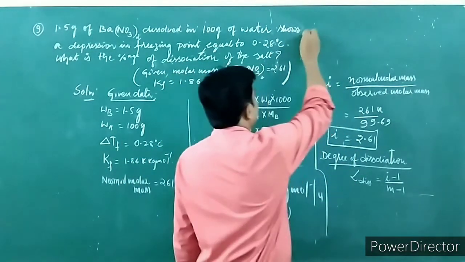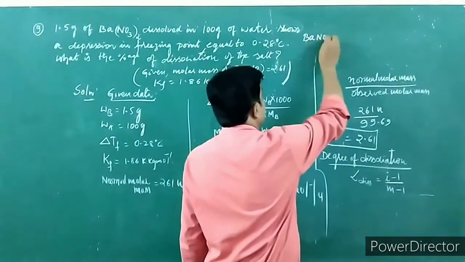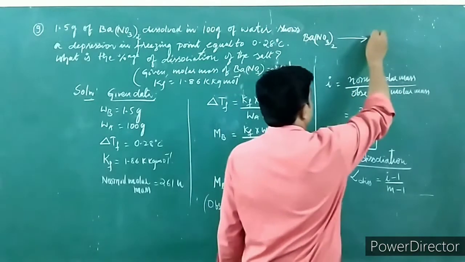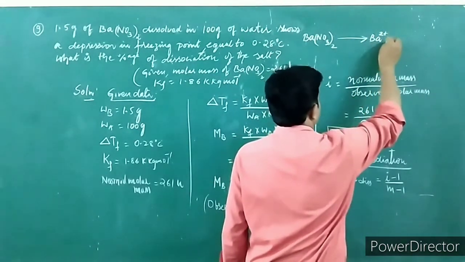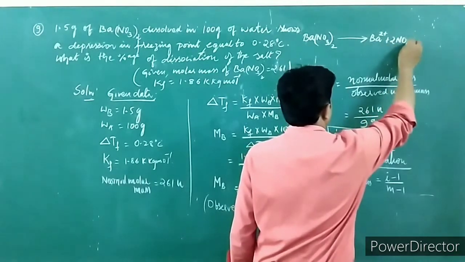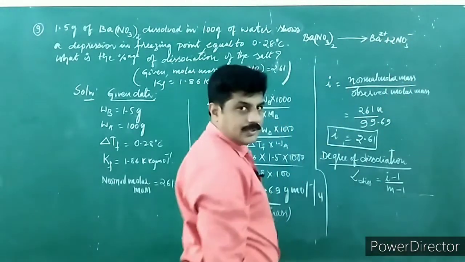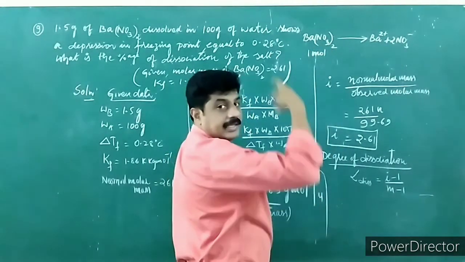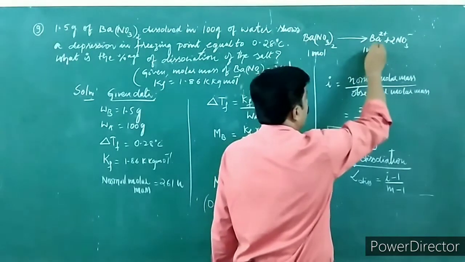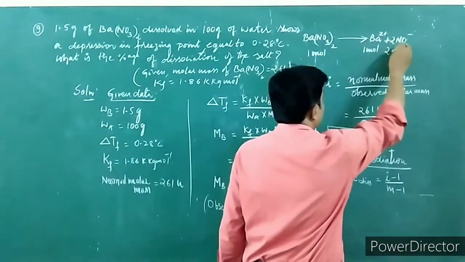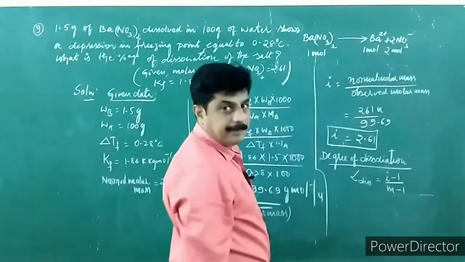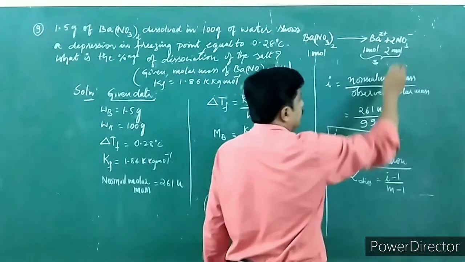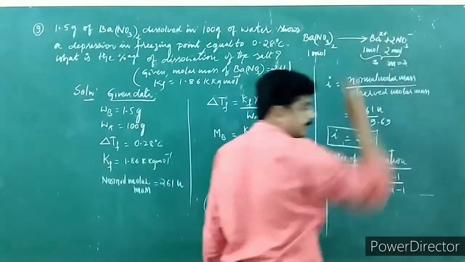Now look here, Ba(NO3)2, barium nitrate. It is added in water, it dissociates to form Ba2+ and 2NO3- ions. If you take 1 mole of barium nitrate, it dissociates to form 1 mole of Ba2+ ion and 2 moles of NO3- ion. That means each particle dissociates to form 3 particles. That means m is equal to 3.